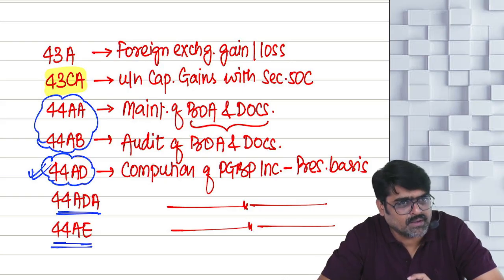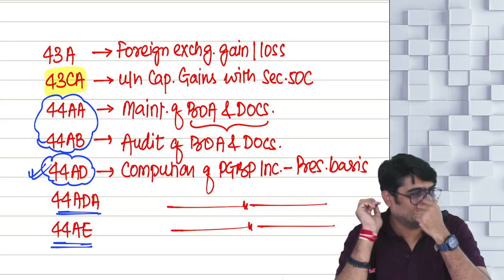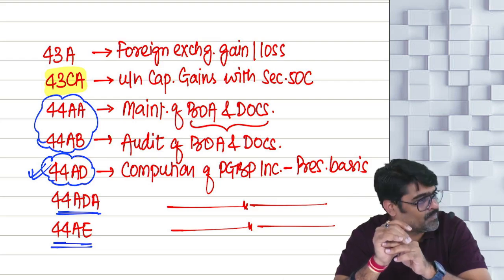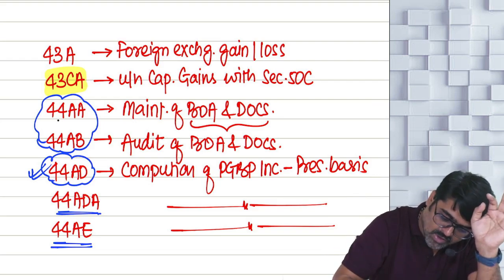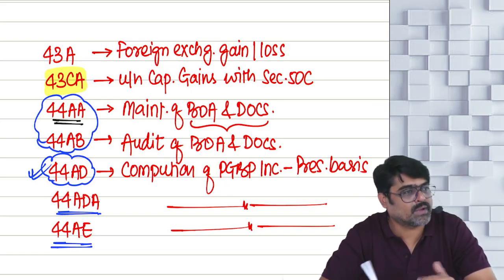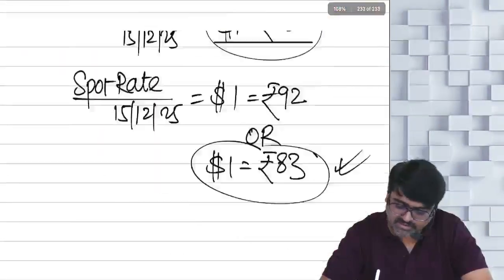44AA, 44AB? A very easy section. Now tell me, who is going to maintain the books? All assessees compulsorily? No. 44AA says that all the assessees are not compulsorily required to maintain the books of accounts. We are going to tell you three types of assessees. Which assessees?